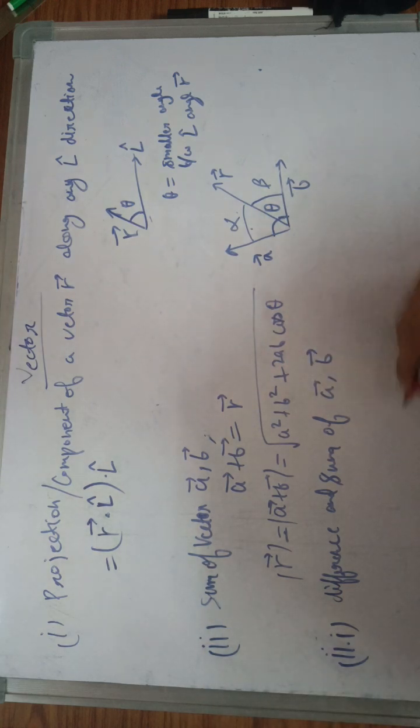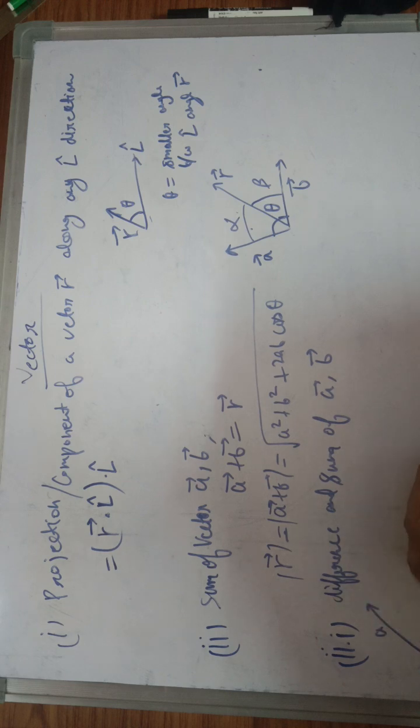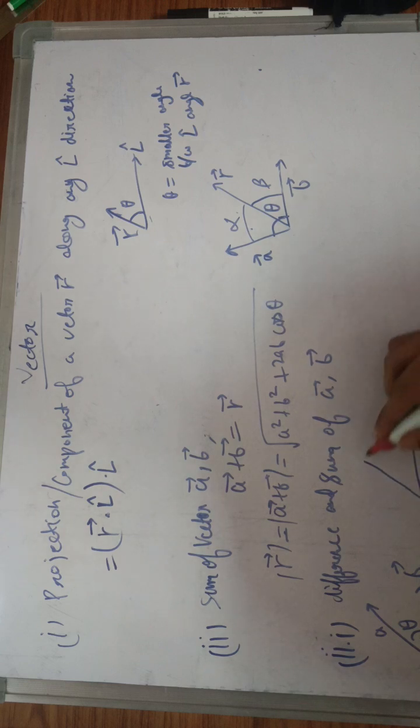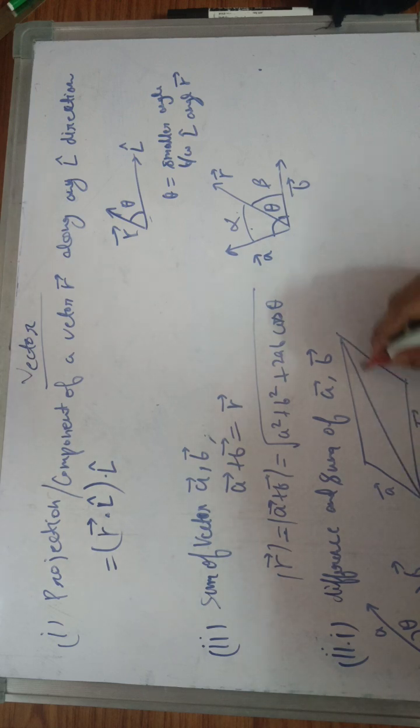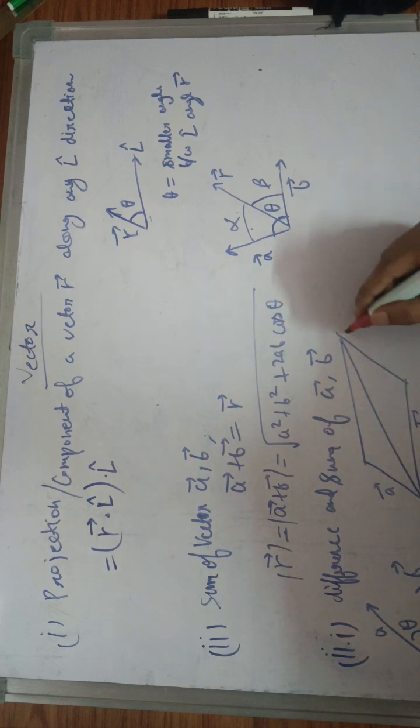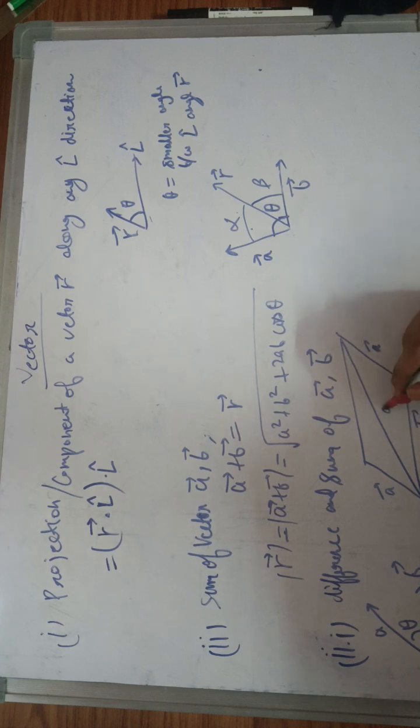So if we have, let's say, this is the A vector and this is the B vector making angle theta here, then let's say this is A, this is B. This vector from B, this is again A, this vector is A plus B.